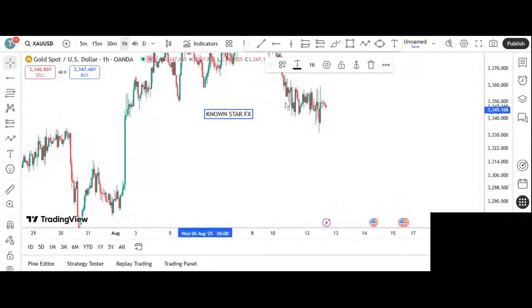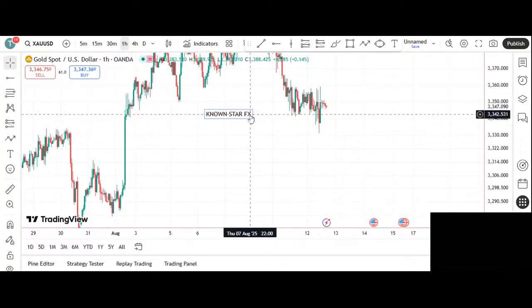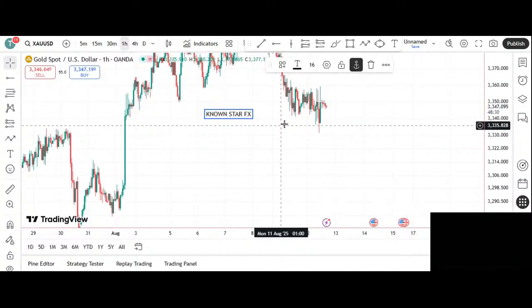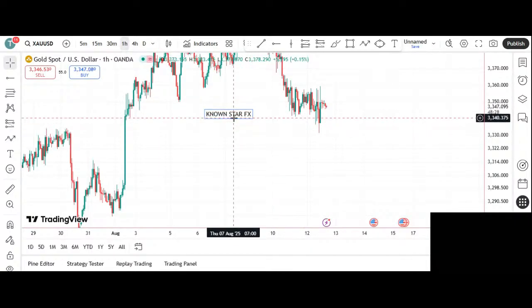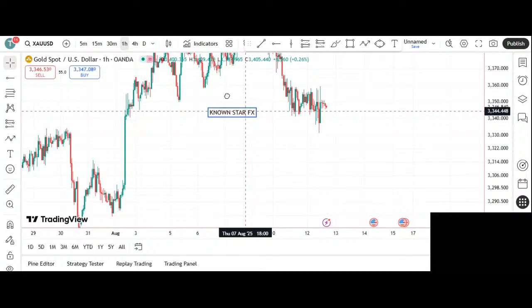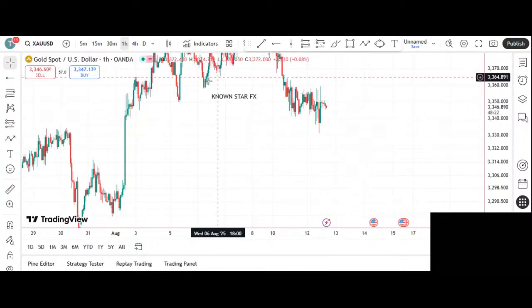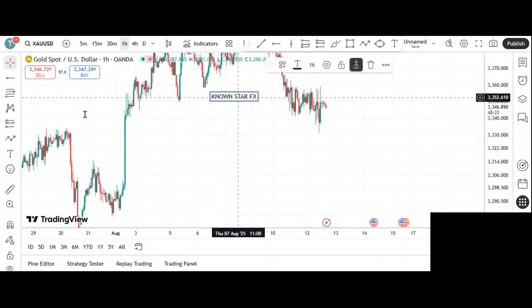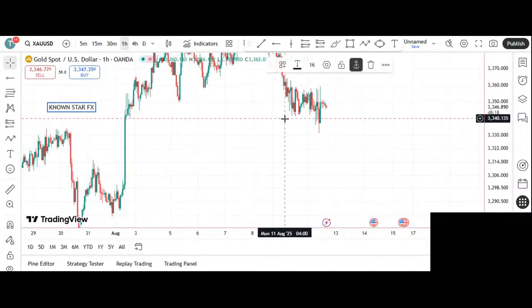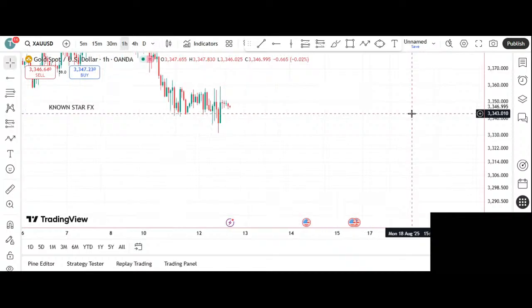Buy from the support and sell from the resistance. Now, for you to understand that concept, you can't just buy from the support and sell from resistance without understanding where your support or resistance level is. So the proper understanding of your support and resistance level will make trading much easier for you.